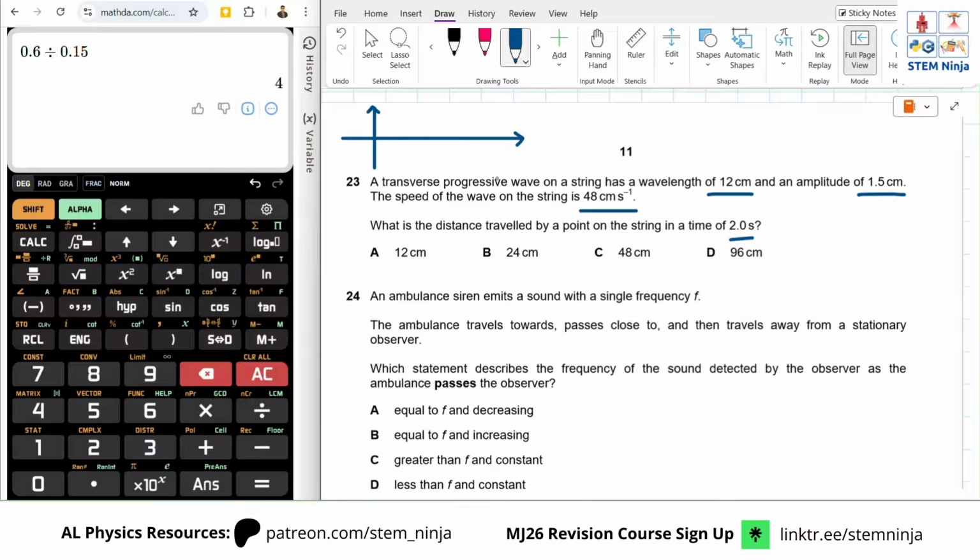So this is the distance graph. Displacement-distance gives us the wavelength from points in phase, but displacement-time gives us the time period.